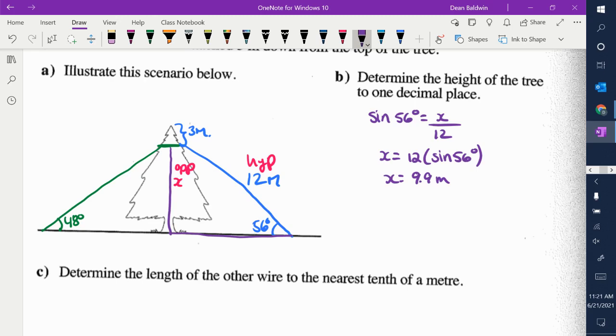What's the answer? 9.9. Is that the height of the tree? What do you have to do? Add 3. So 12.9 is the height of the tree.